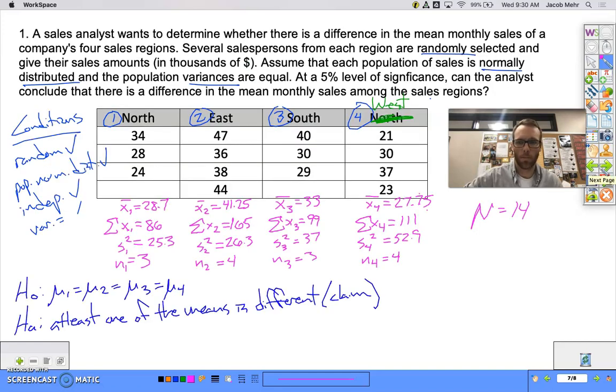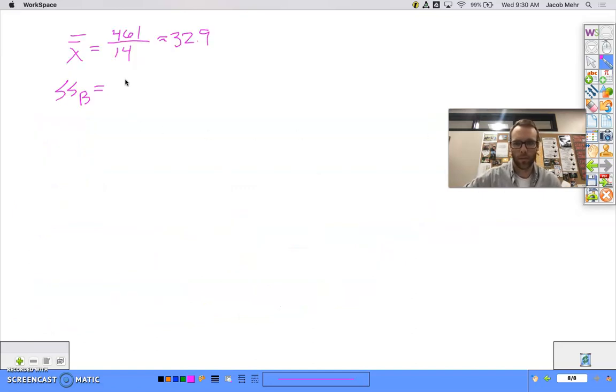For our first sample, sample size is 3, sample mean 28.7. So we take 3 times 28.7 minus the grand mean 32.9, squared.